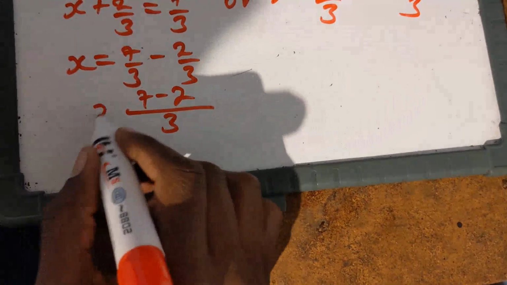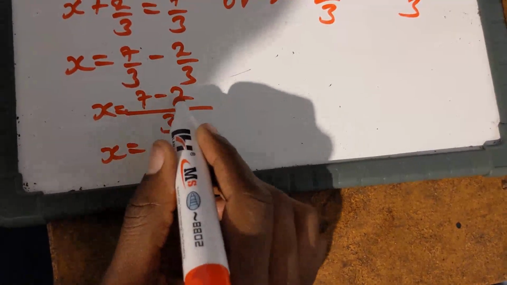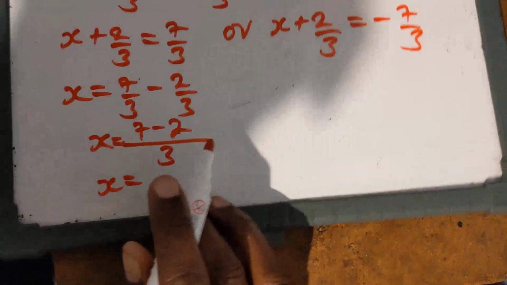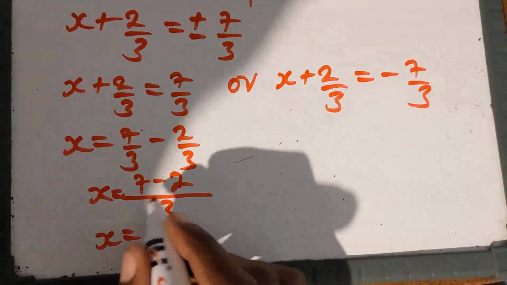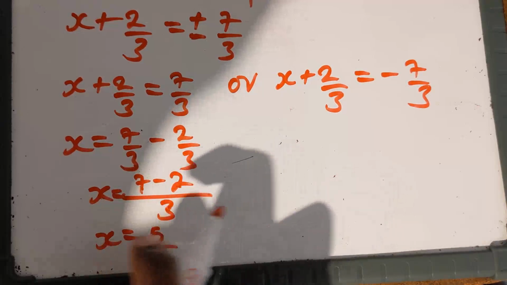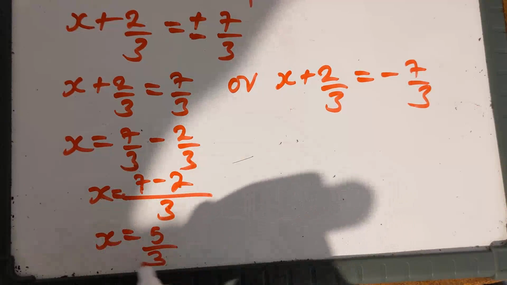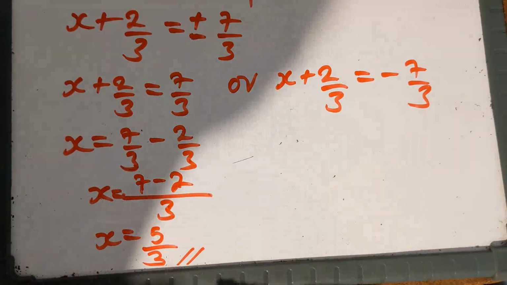So we are going to have x is equal to 7 minus 2. What is 7 minus 2? It is 5, then to be over 3. So this is the first answer.